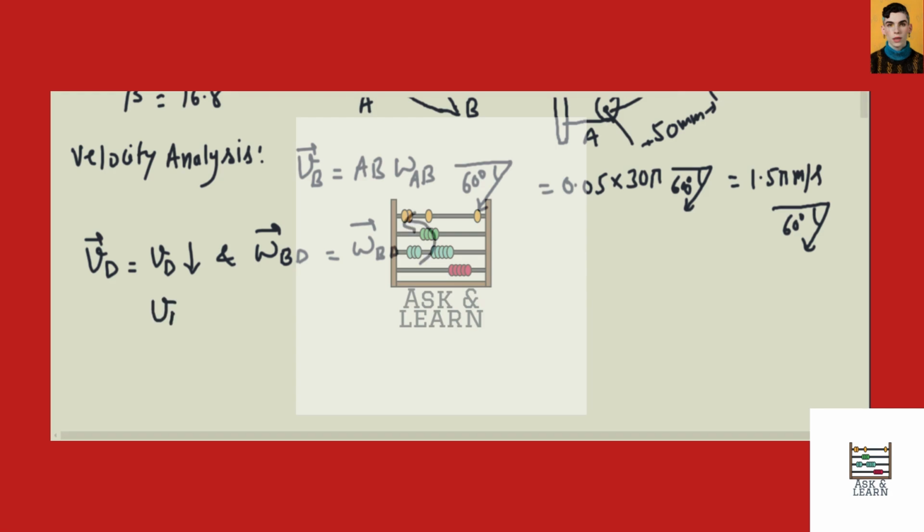Velocity of D with respect to B will be BD into omega BD in the direction perpendicular to BD. BD, you know, 0.15.